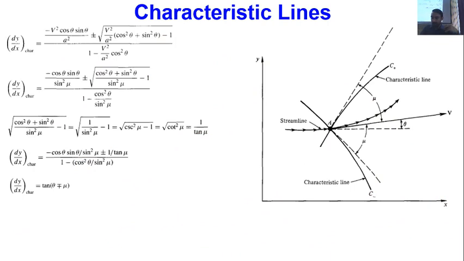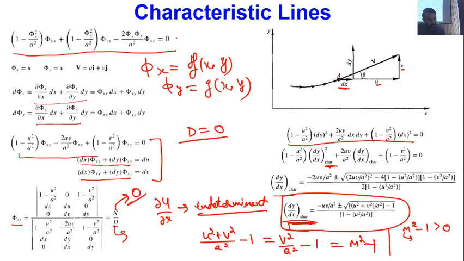Okay, so now another important point is, in this characteristic direction I am having u and v as the velocity components in the x and y directions. So u I can write as V cos theta, and v I can write as V sin theta.